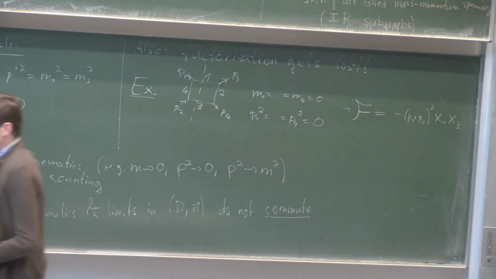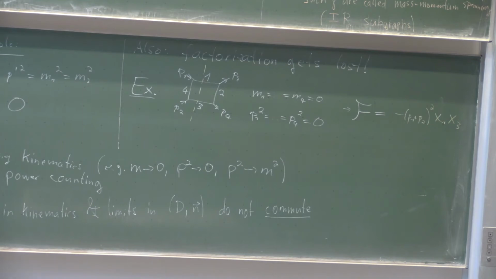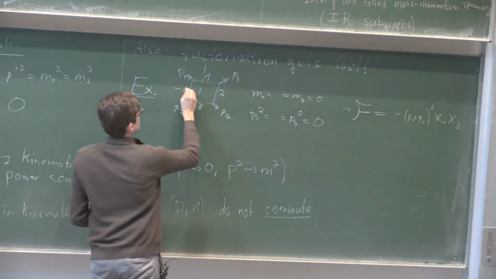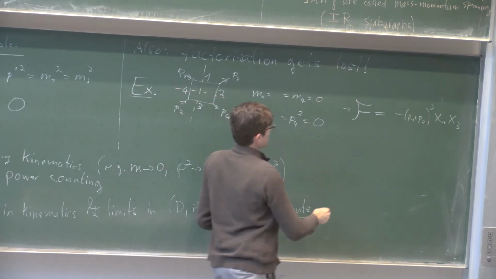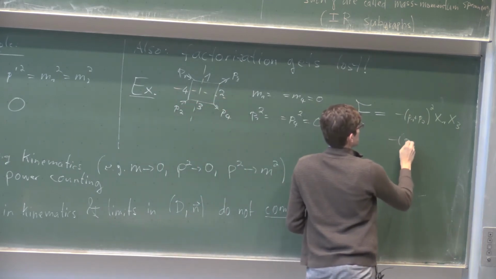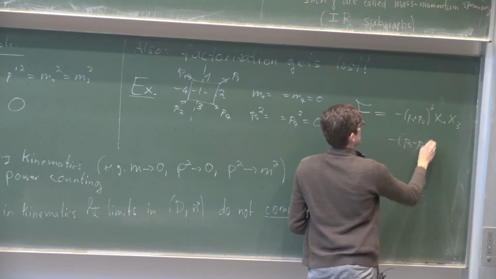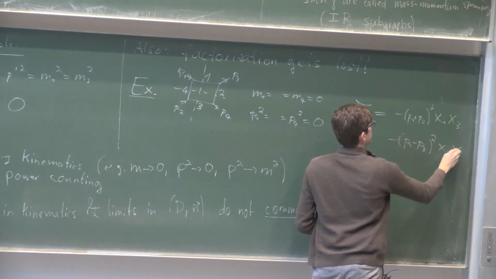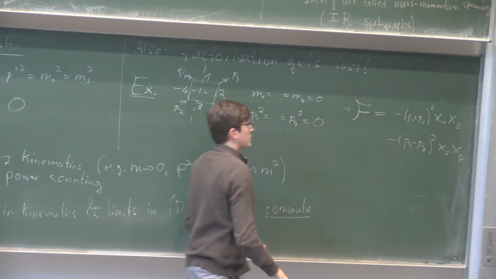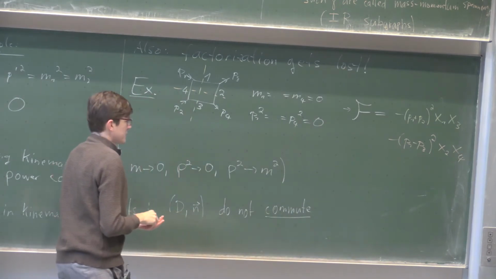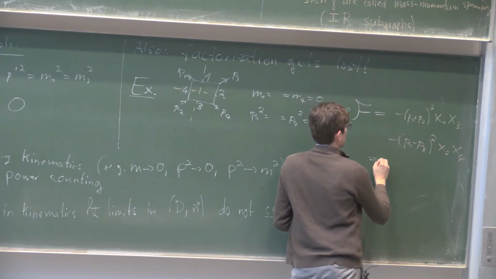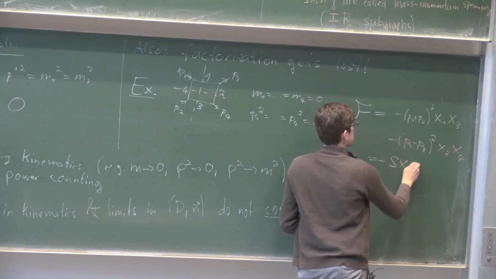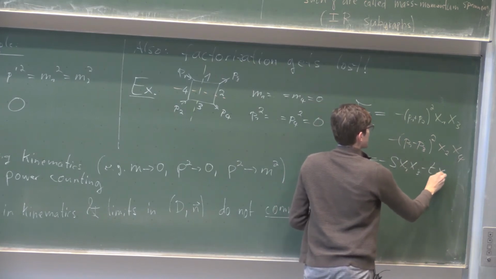Or we do the other thing. You can also cut across here. And then we have momentum P3 minus P1, x2, x4. This is the entire F polynomial with our Mandelstams. So it's S, x1, x3, T, x2, x4.